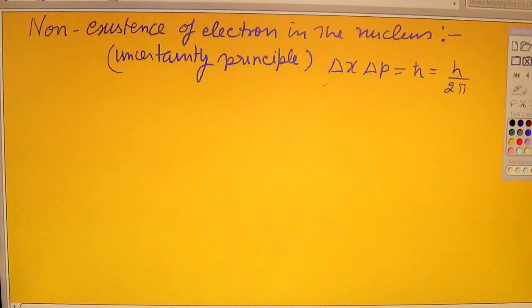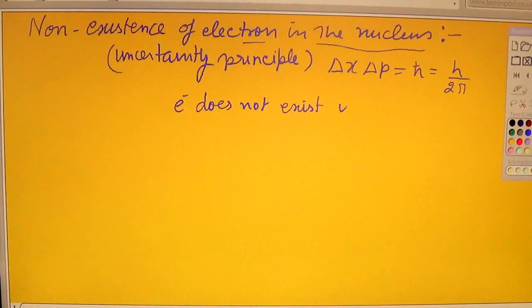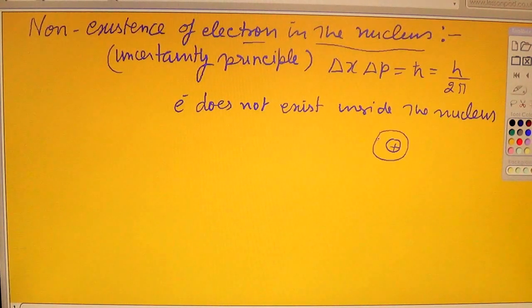So for this purpose, the electron does not exist inside the nucleus. We know that electrons revolve around the nucleus.